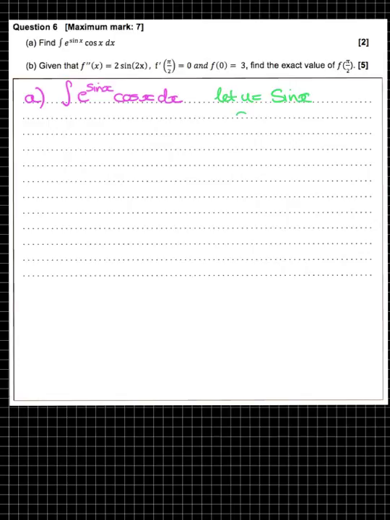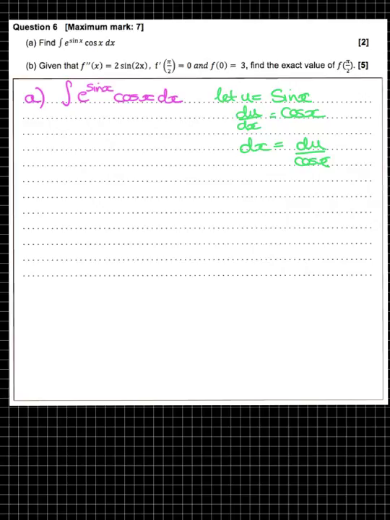The reason we do that is then we get du dx to equal cos x. The derivative of sine x is cos x. So we can say that dx, if we rearrange that, dx is equal to du on cos x. Bring the dx up, the cos x down, treat it like a fraction.